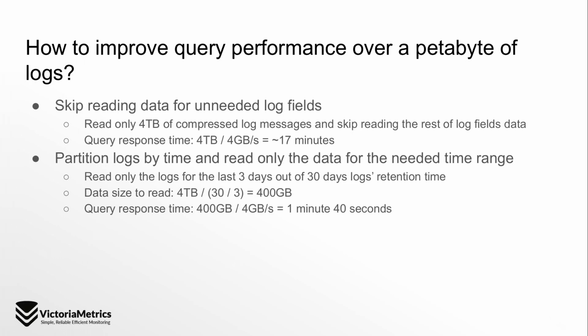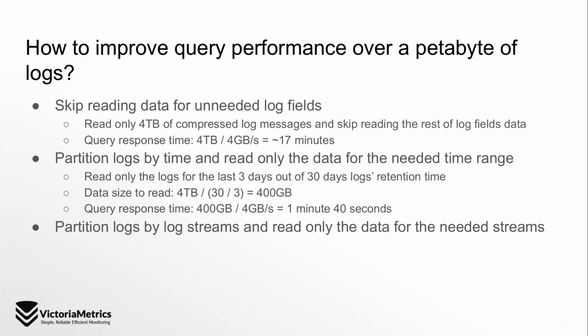But we can make it even faster by partitioning logs by another dimension. And this dimension is named log streams. What is a log stream? A log stream is logs ordered by time which are received from some application instance.